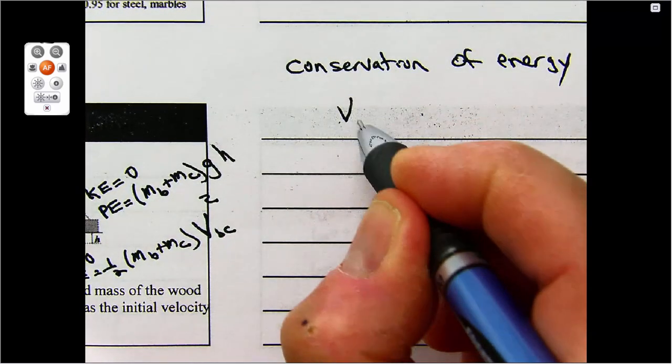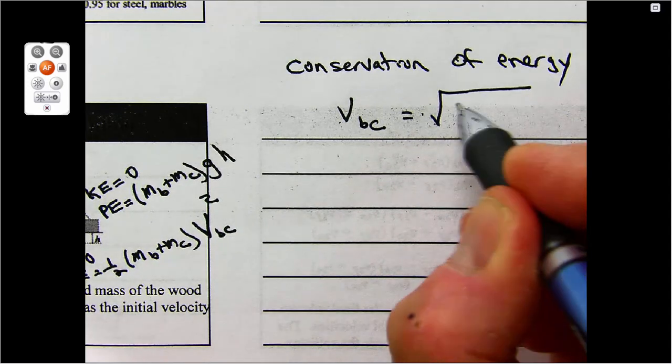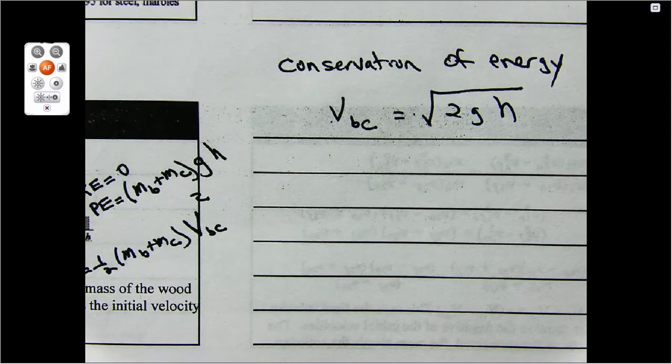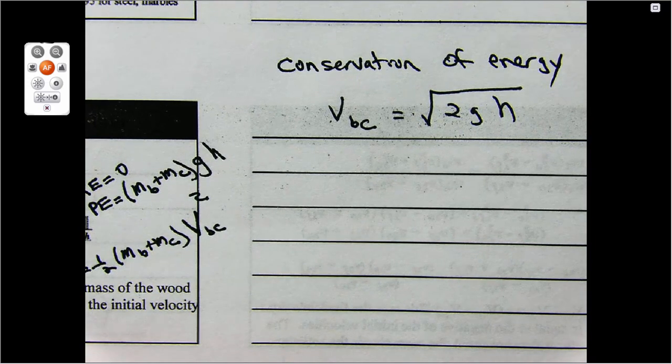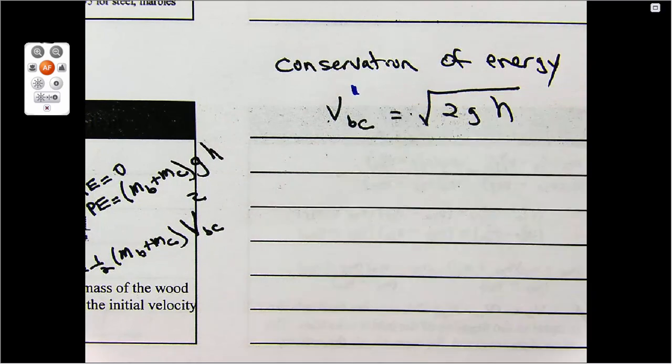The velocity of the ball catcher goes up at the square root of 2gh, right? And when I use conservation of momentum, that's going to be my prime.